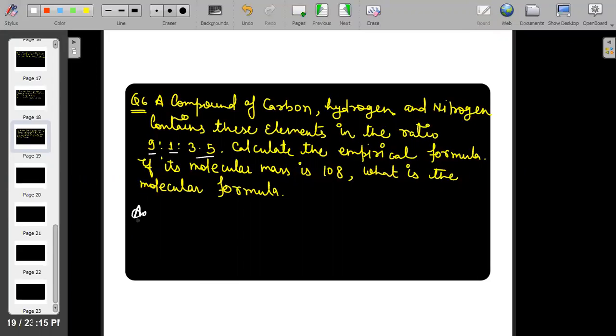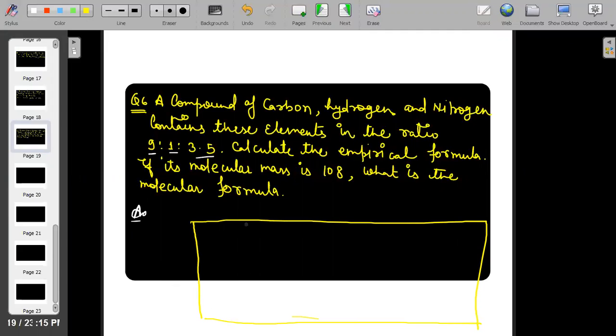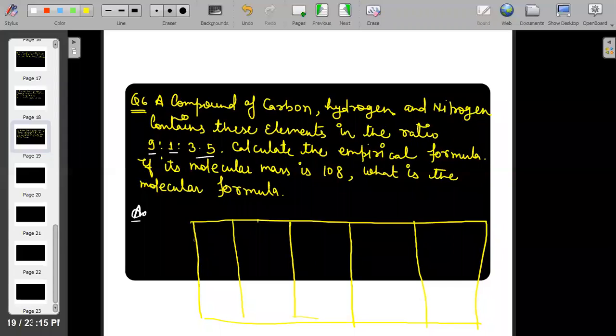Look at how we solve this. As I told you, what is the logic? You need to draw this table like this. Make a table, take your time, no issue. Don't use a calculator.